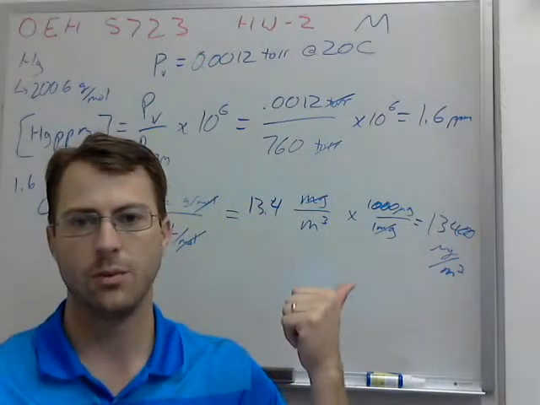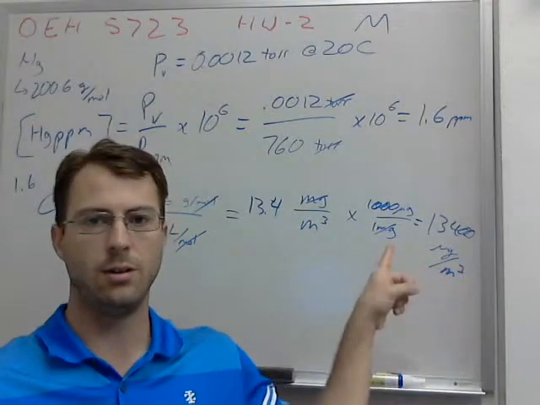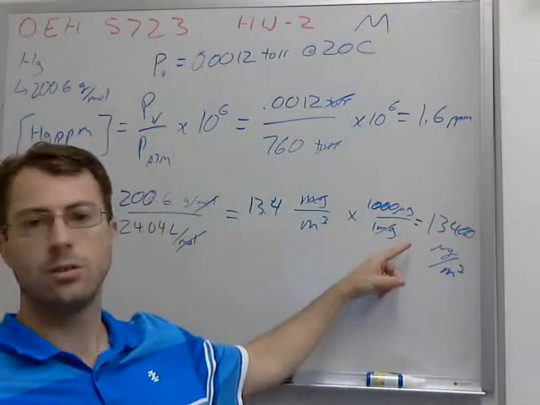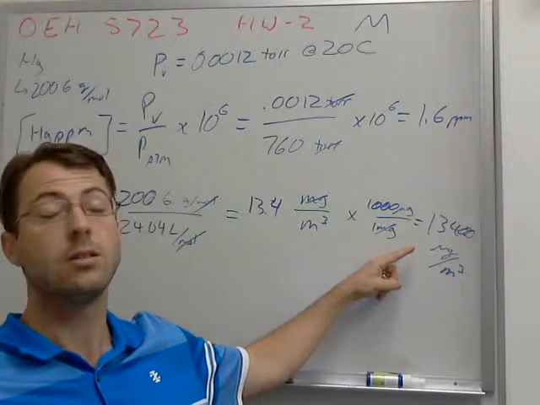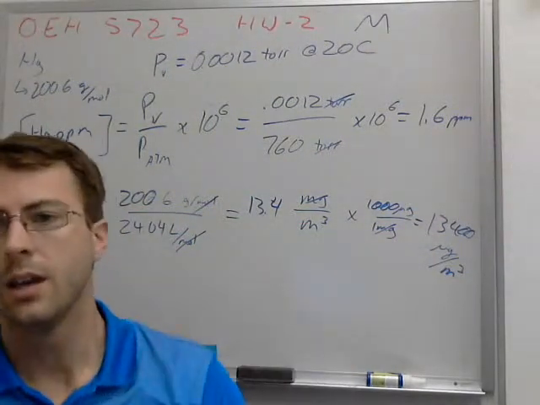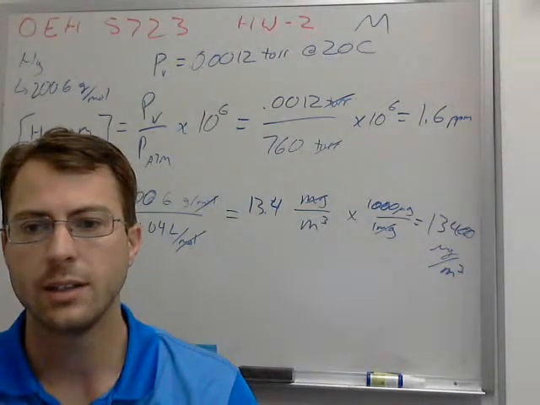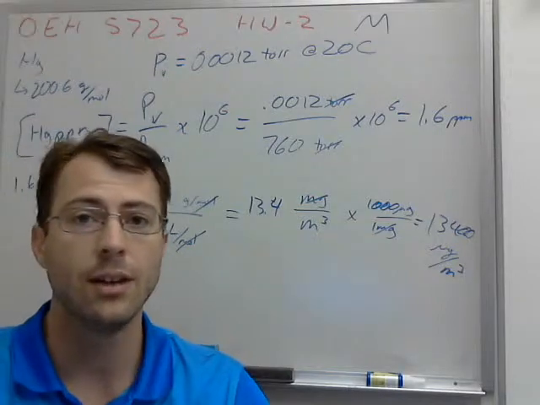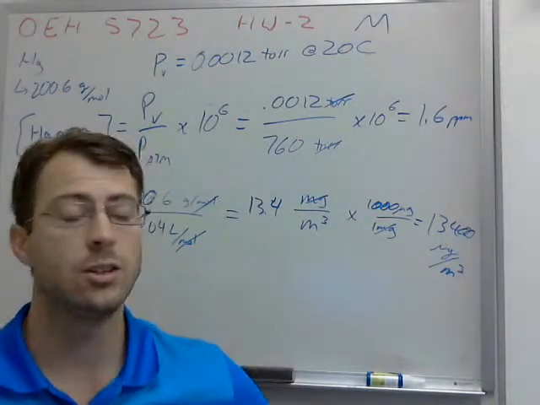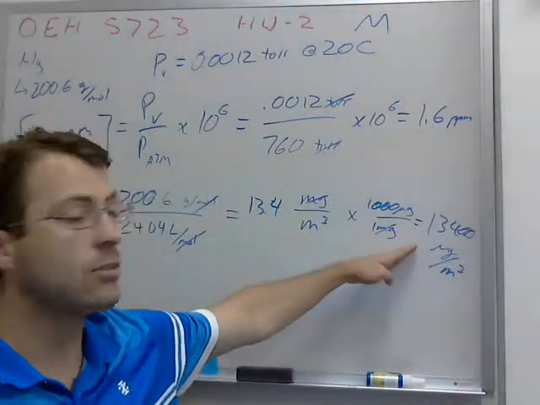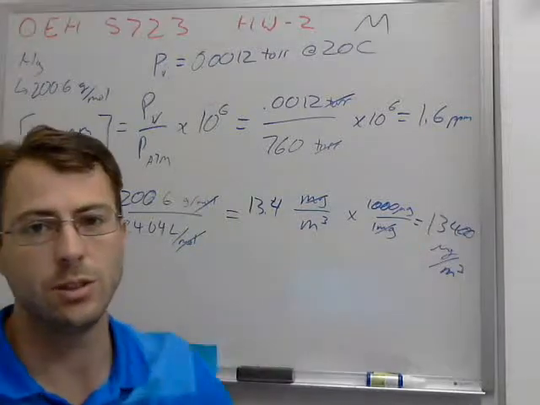Well, if it sits there over the weekend and the air conditioner's turned off, then we have our exposure, and our saturation limit is going to be 13,400. And if I look up on NIOSH, they say that it's immediately dangerous to life and health at 10,000 micrograms per cubic meter. So we're in the immediately dangerous to life and health category right here. So that's some pretty serious mojo.